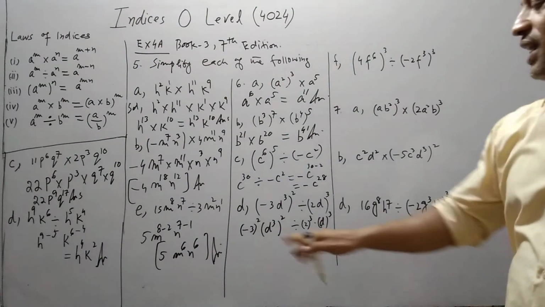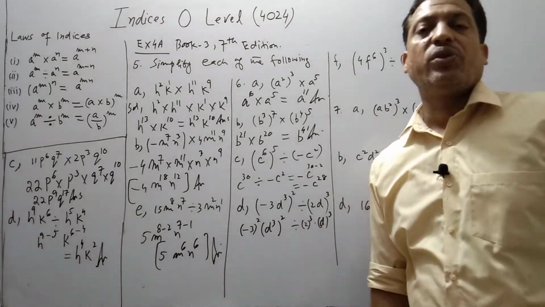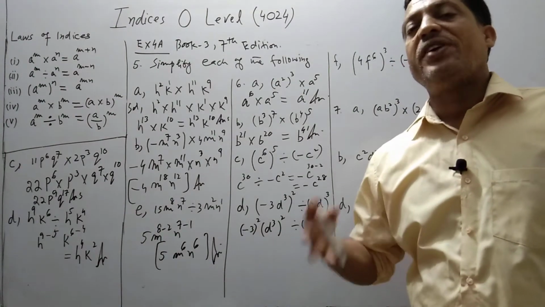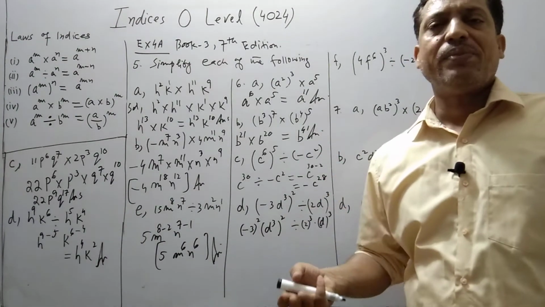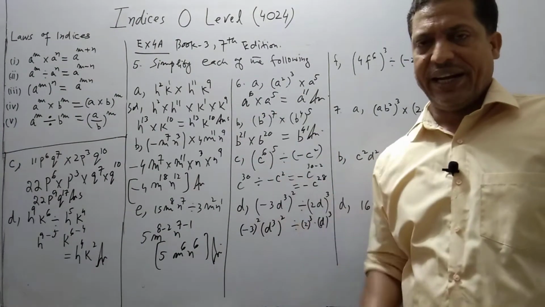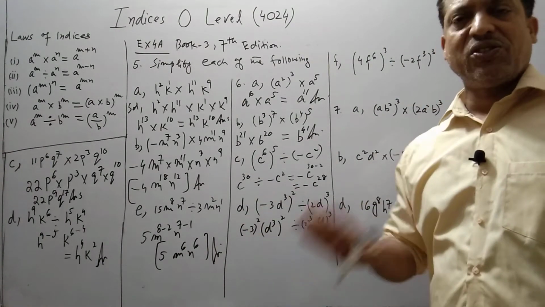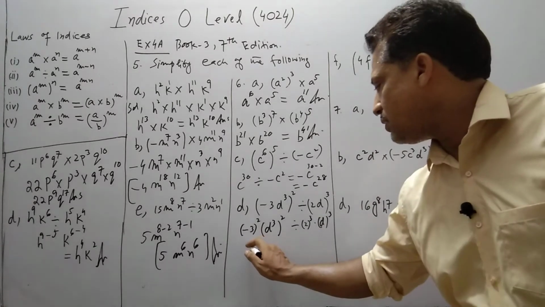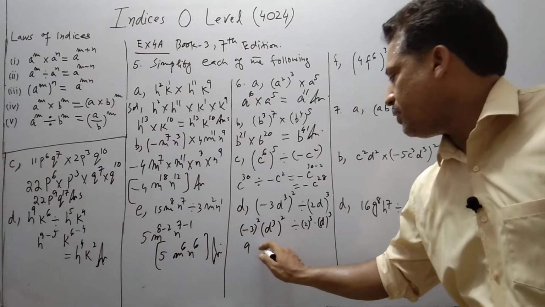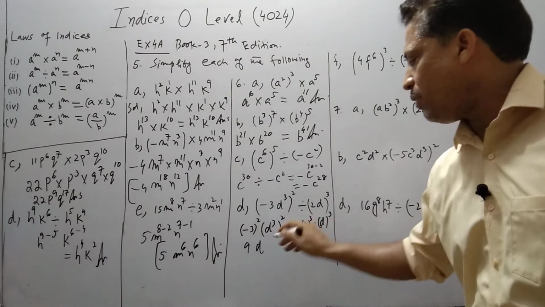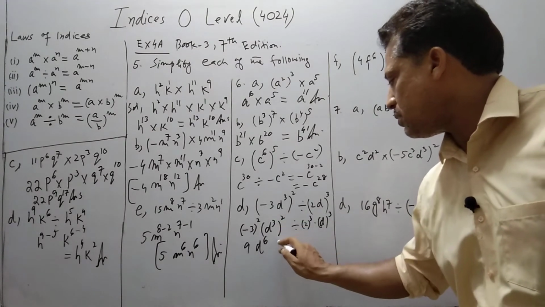So minus 3 squared. You know, students, minus to an even power is always positive. What are even numbers? 0, 2, 4, 6, 8 and so on. So minus squared is plus, and 3 squared is 3 times 3, which is 9. d: power to the power is always multiplied, 3 twos are 6.